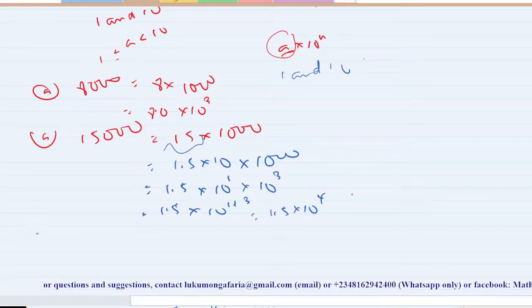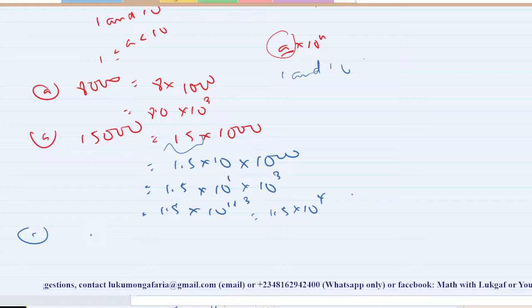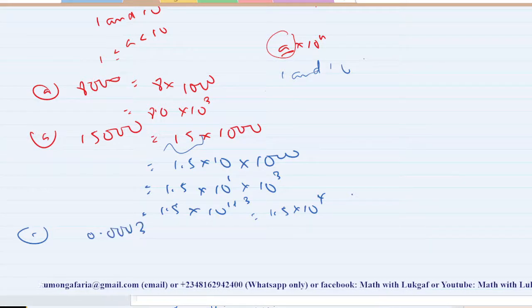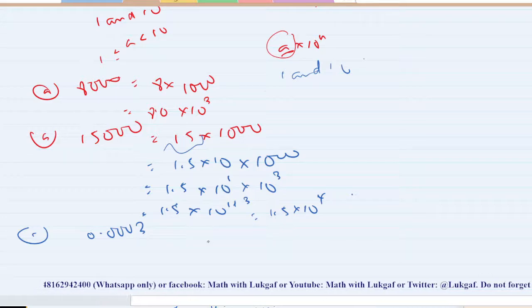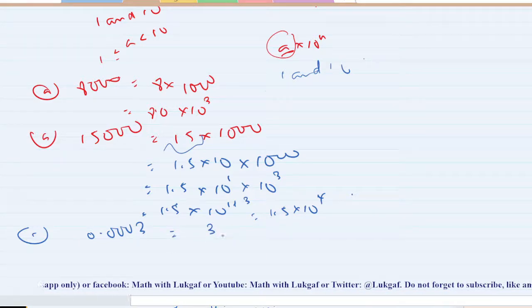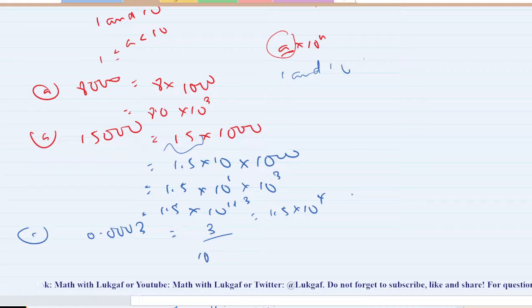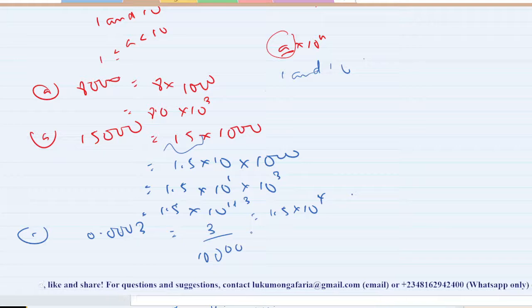Okay, now let me give you another example. Let's say I have something of this nature. Remember, if you change this to a fraction, this is the same thing as 3 divided by 10,000.